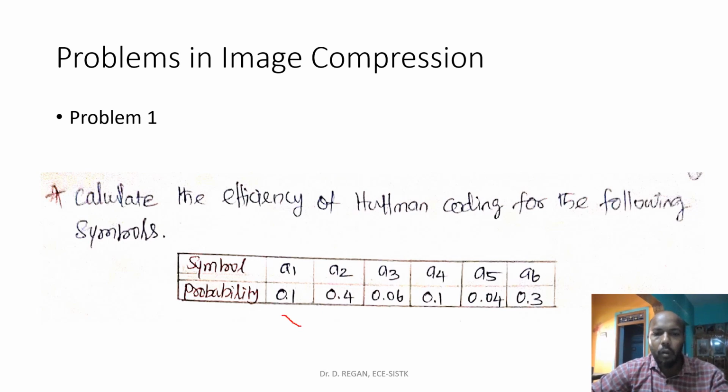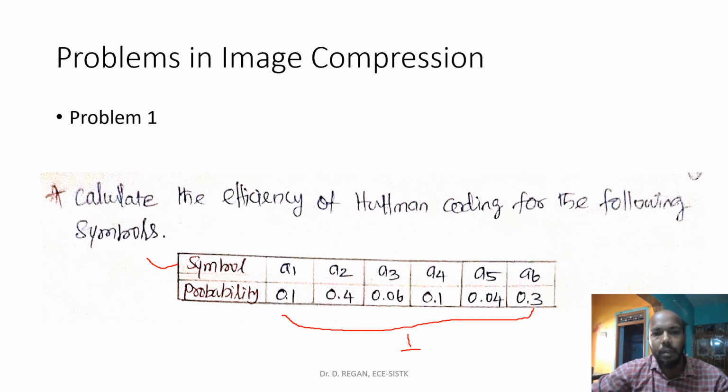If we add all these probabilities, the value should be equal to 1. That is correct. In this problem they have given symbols with their probability values, so it is easy to move on. In some cases, they will give us symbols with certain details.